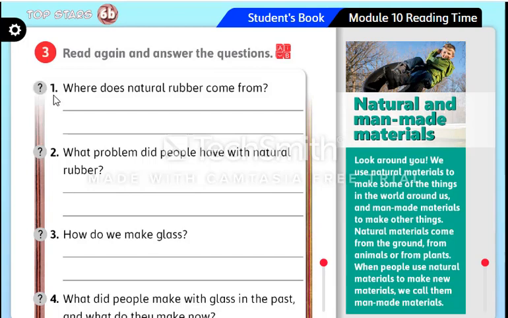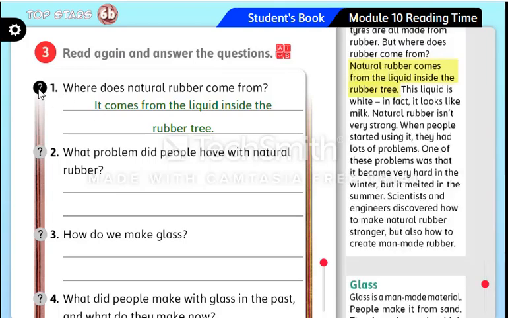Of course, very good. It comes from the liquid inside the rubber tree. You can find the answer here. Okay, number 2. What problem did people have with natural rubber? It became hard in the winter, but it melted in the summer.